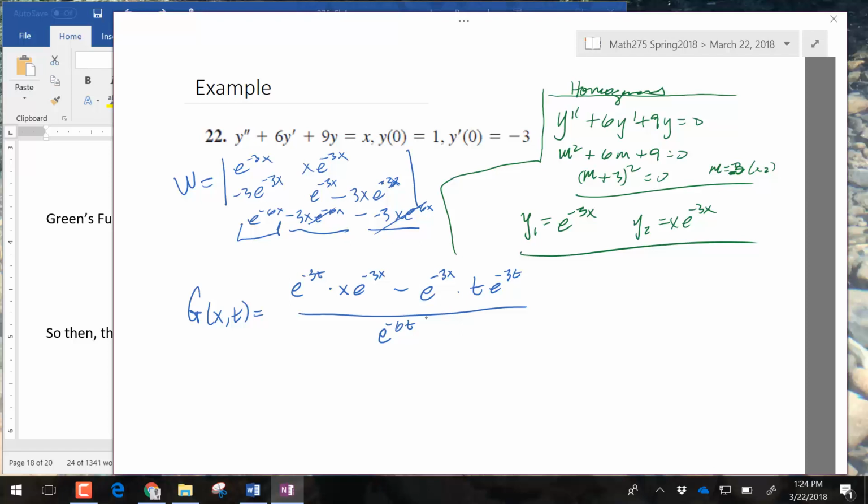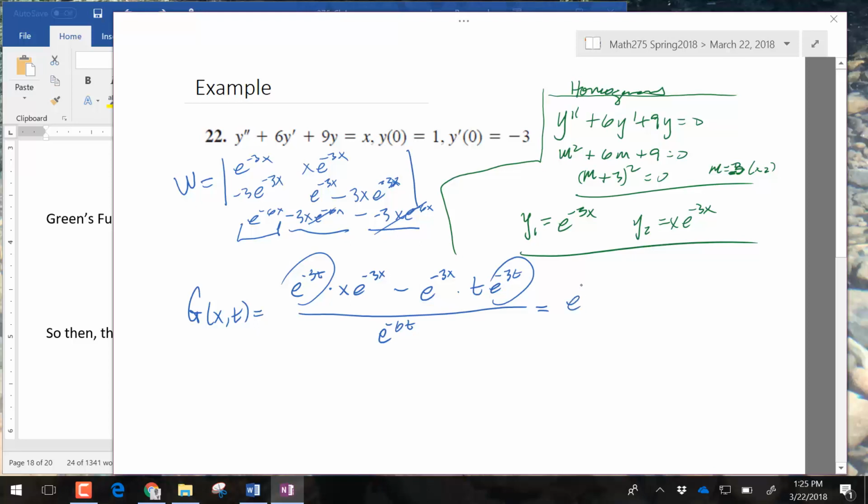Yeah, we're going to want to simplify it because we're going to integrate it too. So it looks like there's some things that we can work with here. I think this is going to give positive 3t.